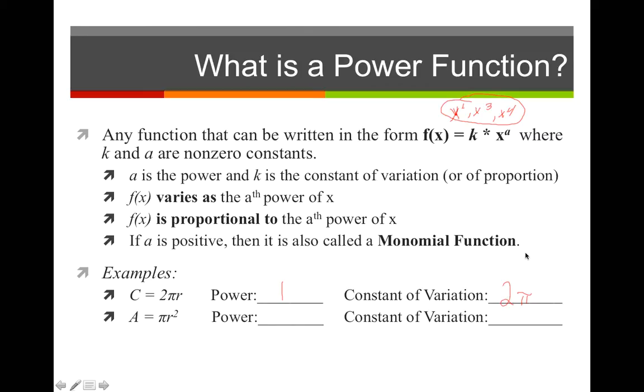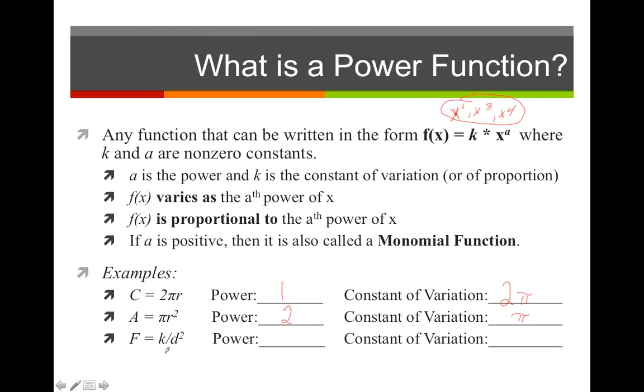We could do something along all of these lines where we have these equations. So A is equal to pi r squared. So we get the area of a circle. This is, by the way, a power function. This basically says A varies as the square of r, and the constant of variation would be pi, the power here being 2.